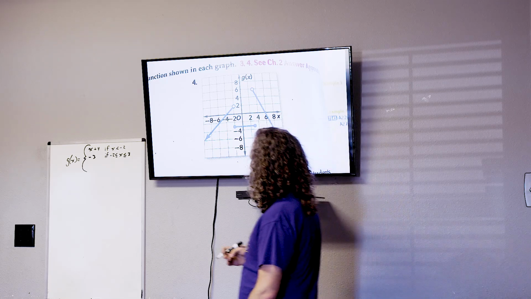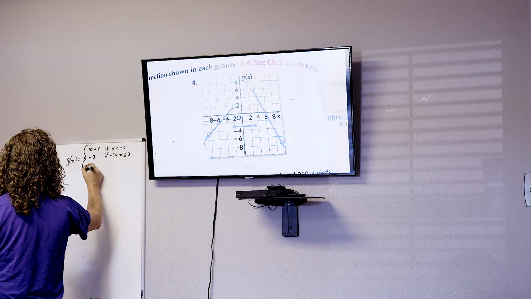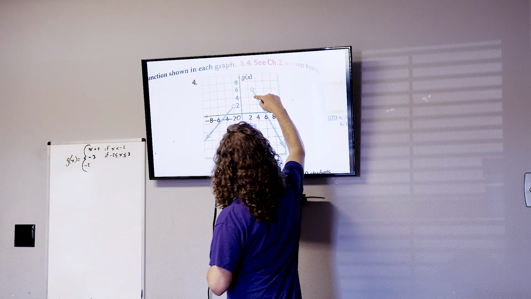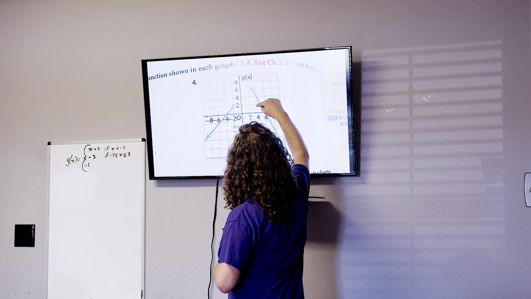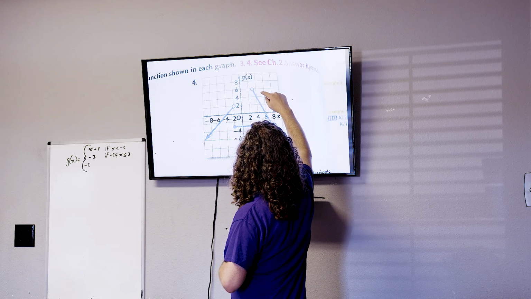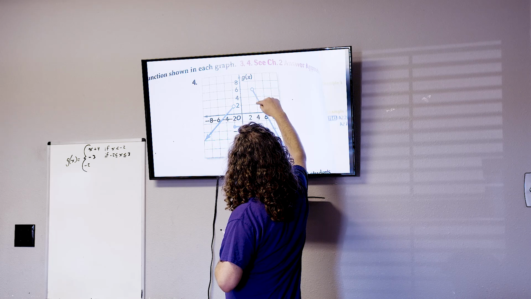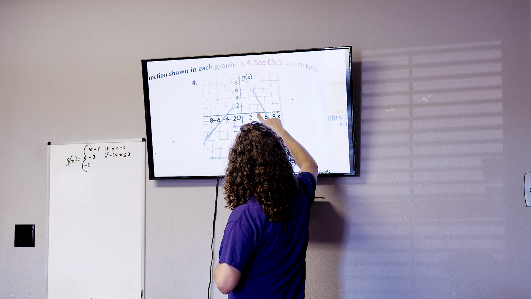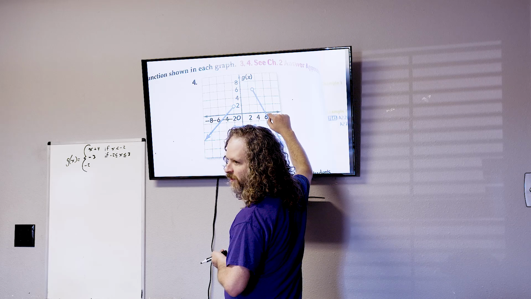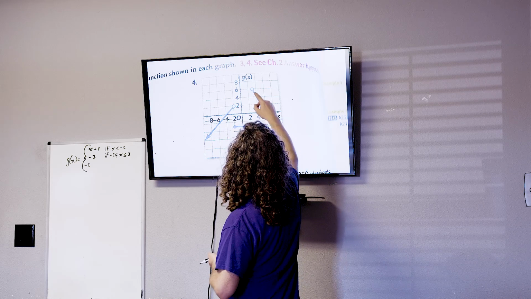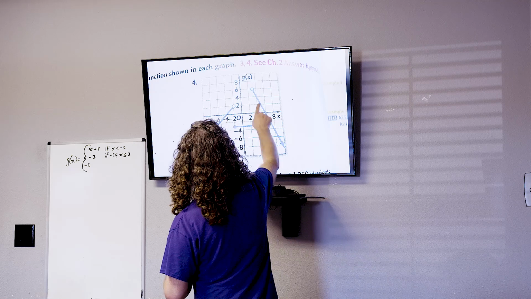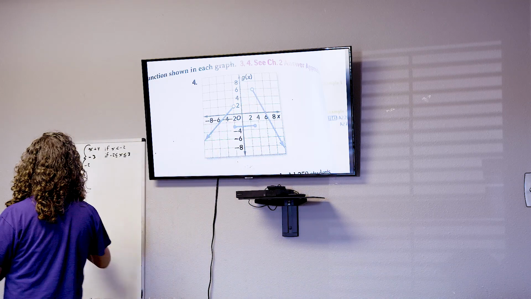Negative 2, because it goes down. It goes down 1, 2, 3, 4 over 2, which reduces to 2, because 4 divided by 2 is 2, right? And it's negative, right?